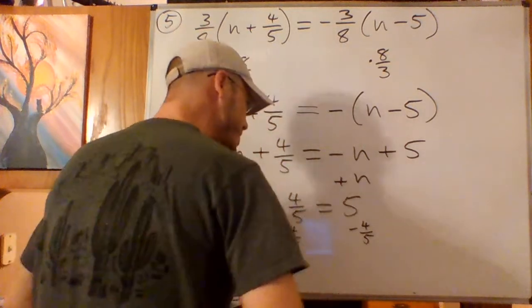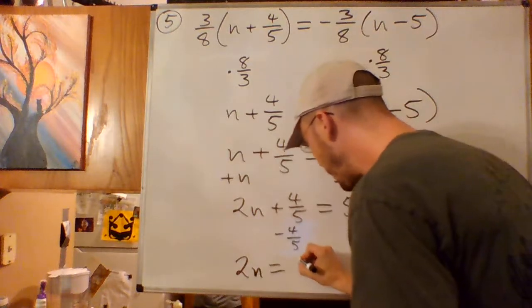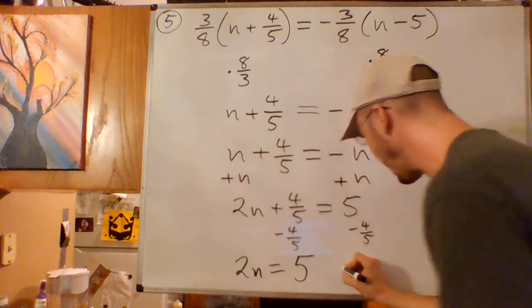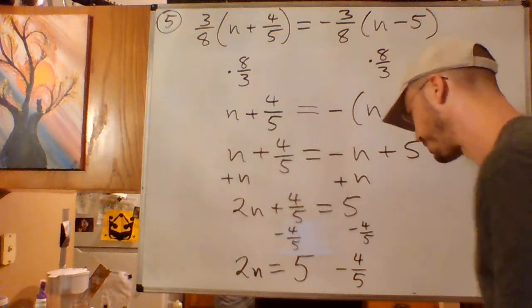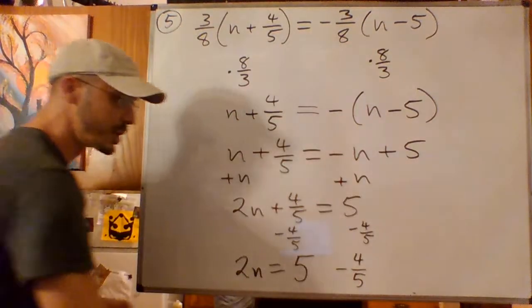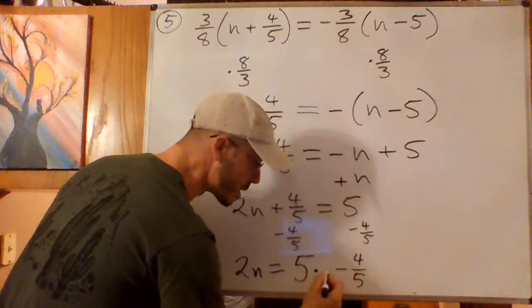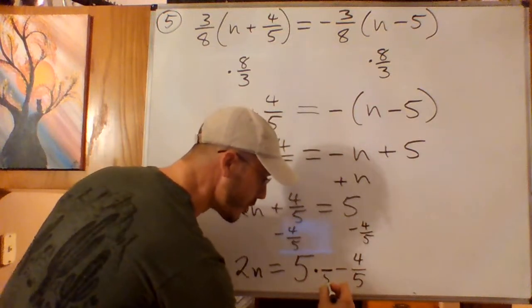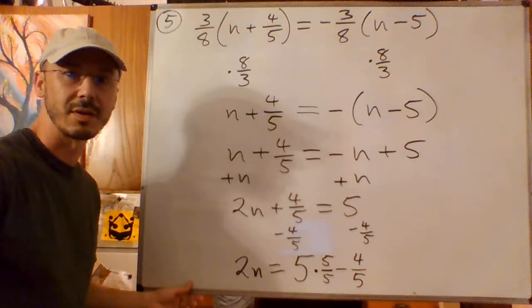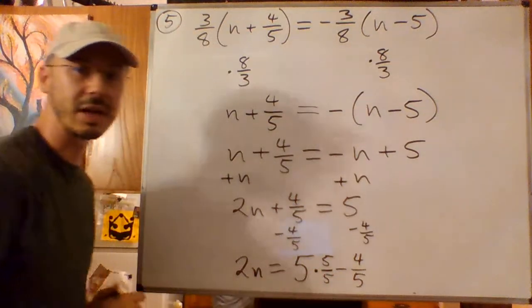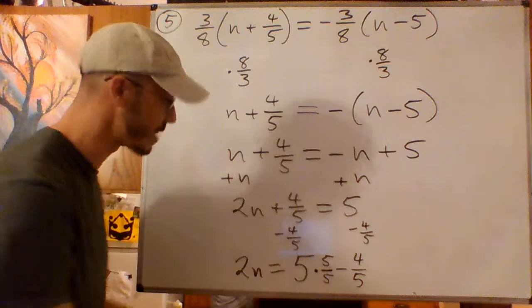2n equals, I'm going to put my 5 and then leave some space for the minus 4/5. Because I'm going to multiply by my conversion factor here of 5/5, that will give me the common denominator I need. So I'm multiplying the 5 by 5/5.